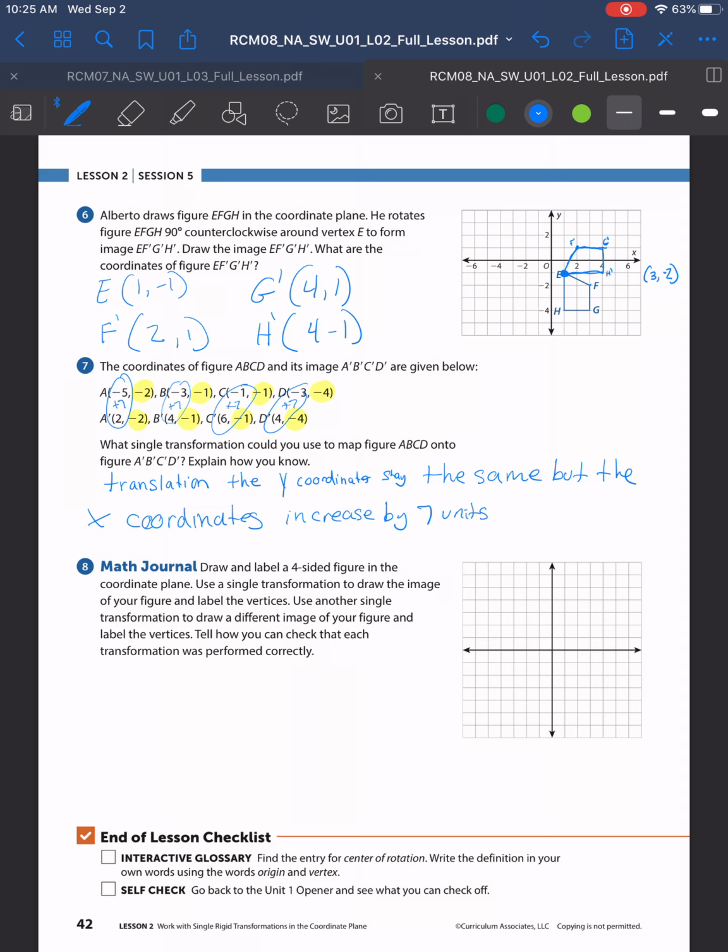Okay, and if I'm going from negative 5, negative 2, I would say that that's like somewhere down in here, right? Negative 5, negative 2, and then now he's at positive 2, down 2. It looks like it went that way. So I'm going to say that it slid to the right.